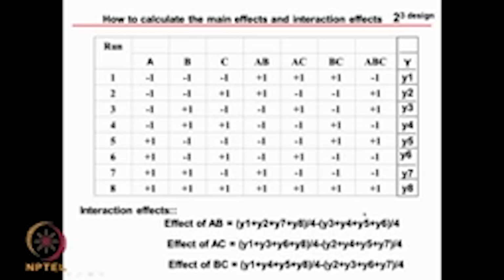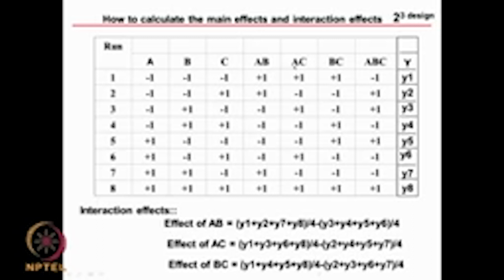So, when you do a well planned factorial design, the results analysis also becomes very simple. First we have the results, then we can perform an ANOVA and find out which main effects are important. Then if there is any interaction, we can also calculate it using this. So, it is very nice.